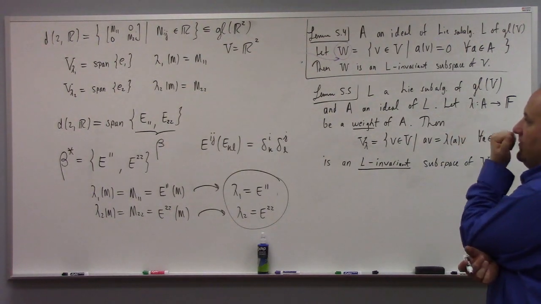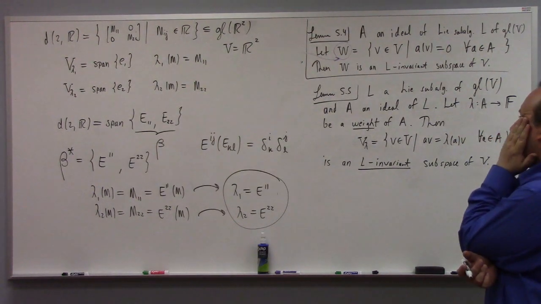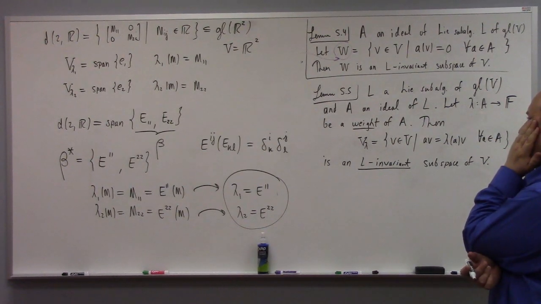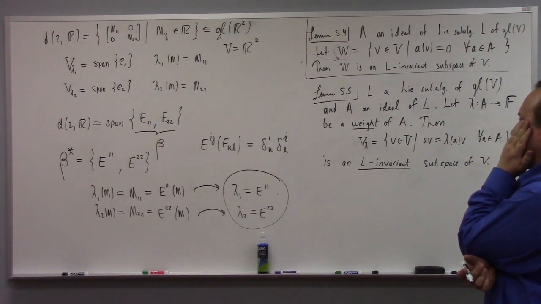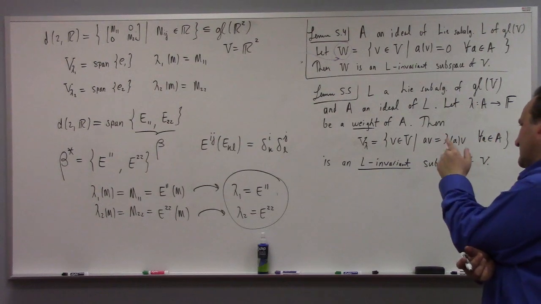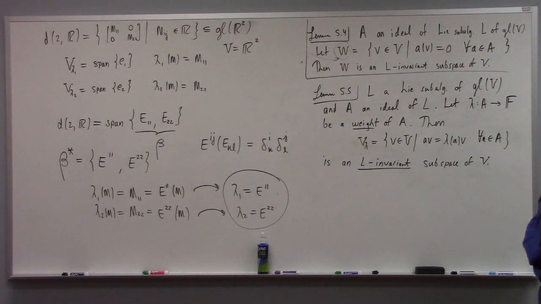Now, I could be wrong. Maybe there's more. I bet there's more. Can you guys tell me another eigenvector of diagonal 2 by 2 matrix, which is diagonal? Oh, yeah, there's more. My bad, there's more.